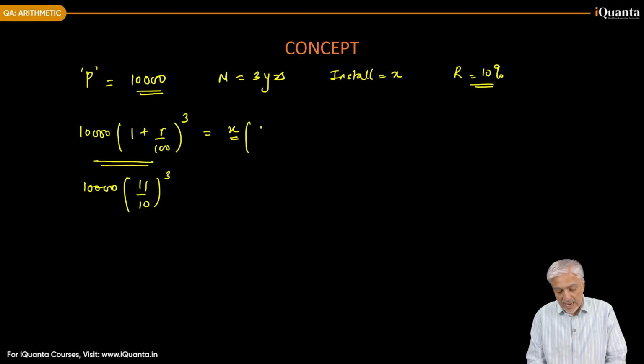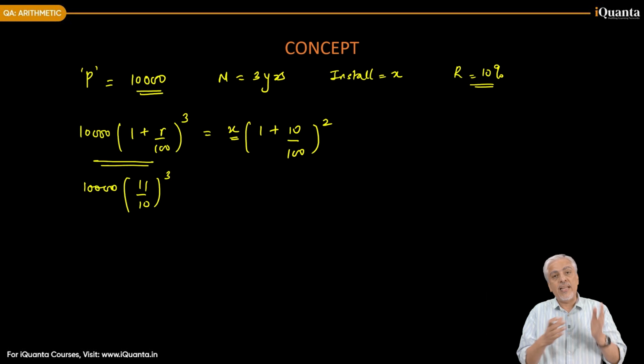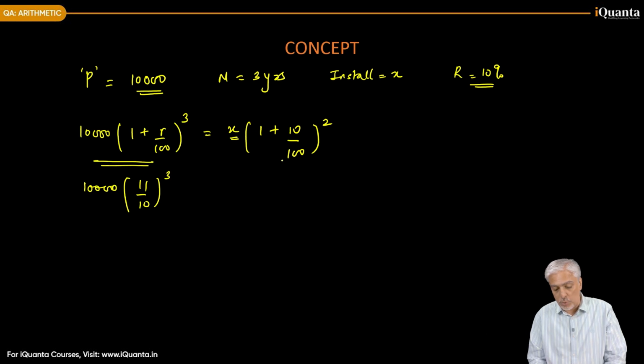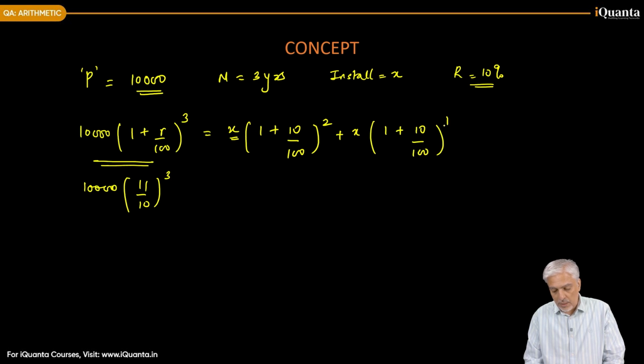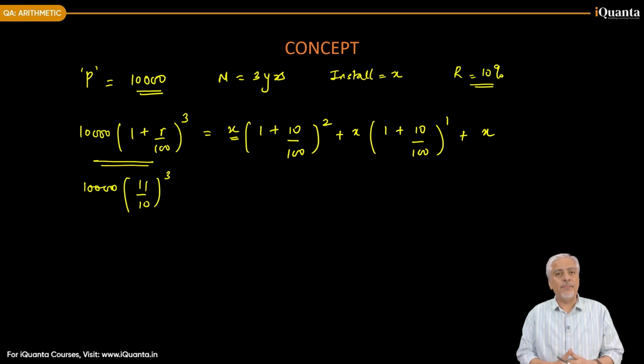So hence I will earn 2 years of interest on that, right? Because instead of paying everything after 3 years, I paid this 2 years early. In the same way, the second X, I paid 1 year early. And the last X, I paid just in time.